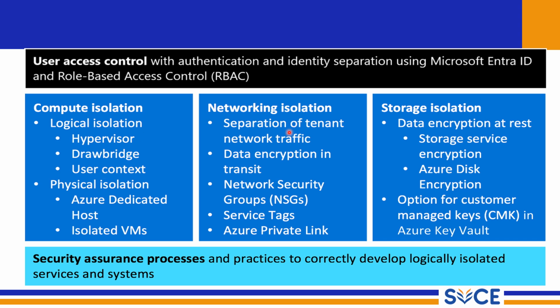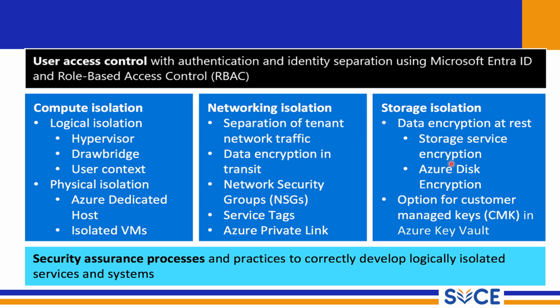Similar to that, in networking isolation also, we have separation of tenant network traffic and data, encryption, network security group, service tag, as well as Azure Private Link. And lastly, in storage isolation, we'll use data encryption at rest like Storage Service Encryption, Azure Disk Encryption, and customer managed keys. By means of these kinds of isolation, we are able to secure the data in the network.